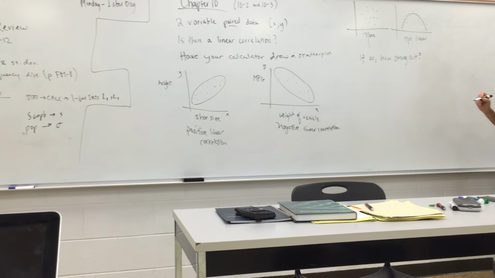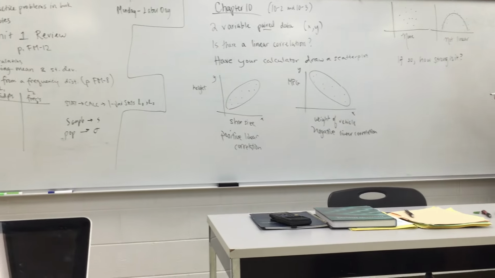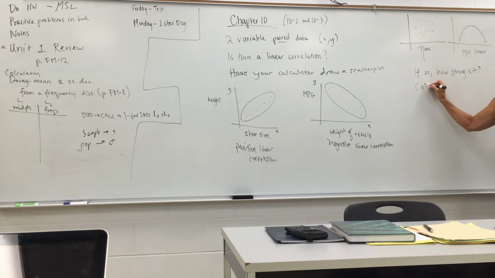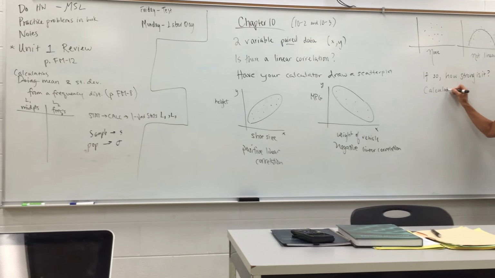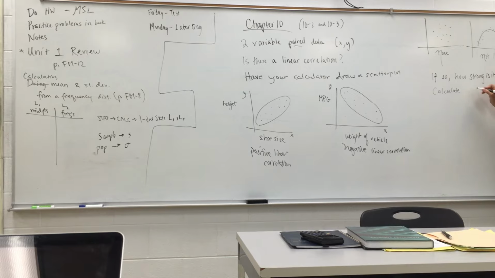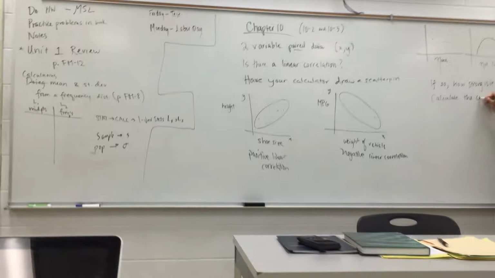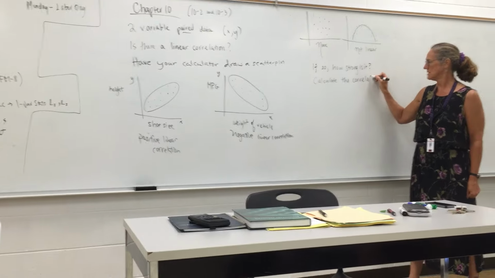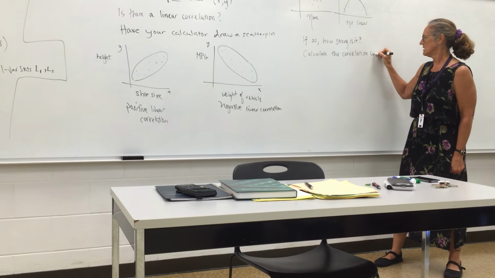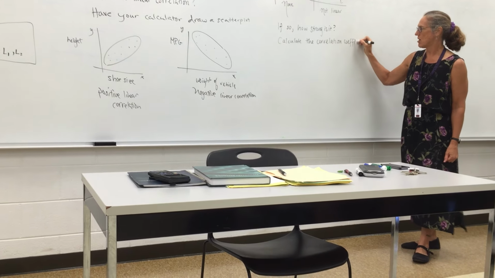So then we want to calculate something. We're going to have our calculators calculate a measure that's called the correlation coefficient, which is denoted by the letter R.